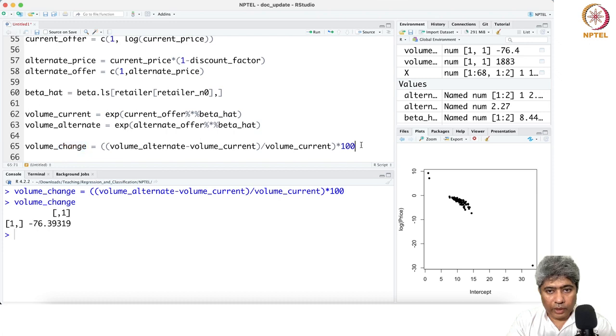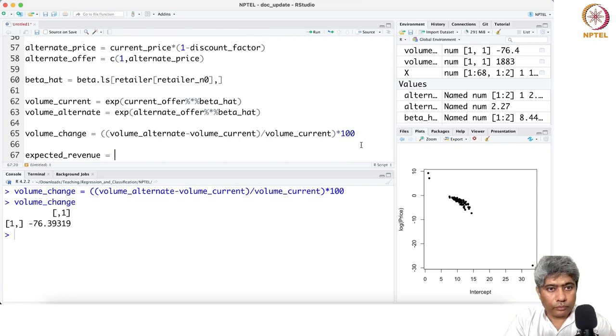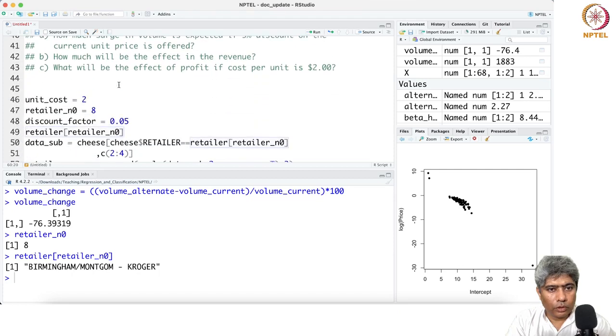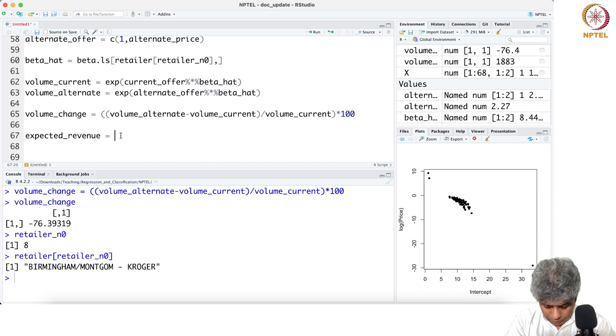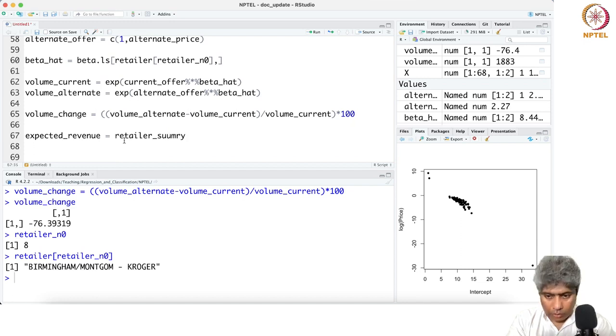And we can compute the expected revenue. Expected revenue is the retailer summary volume times the retailer summary price, right?